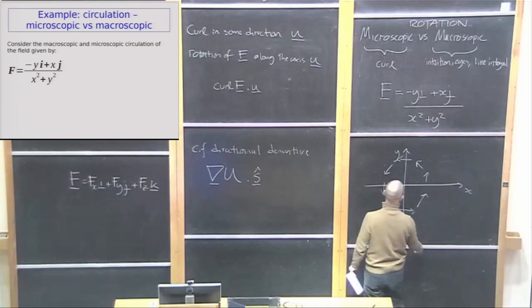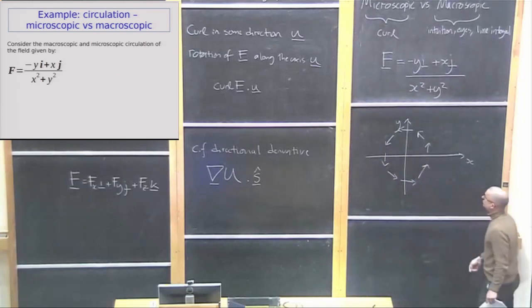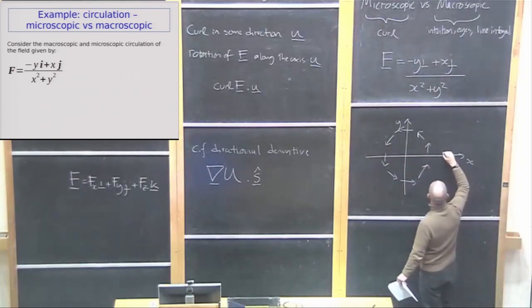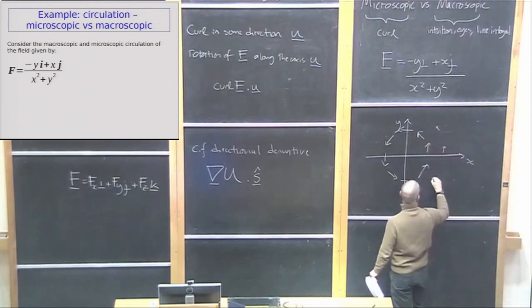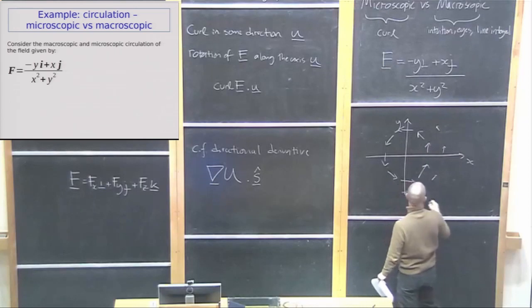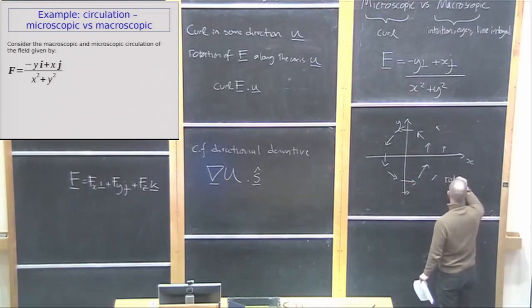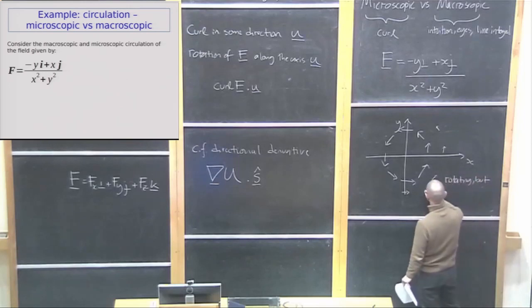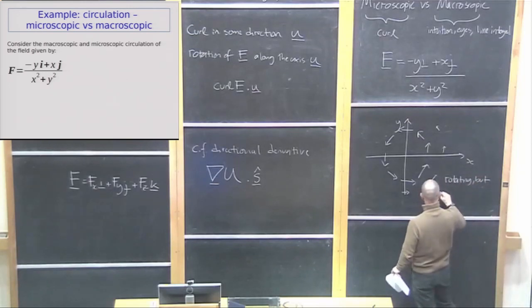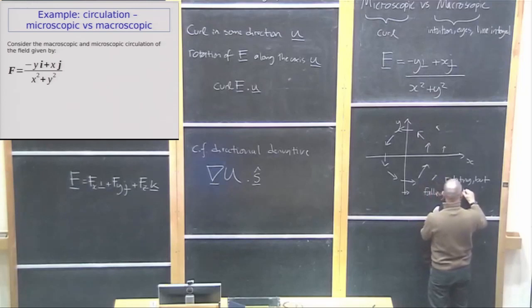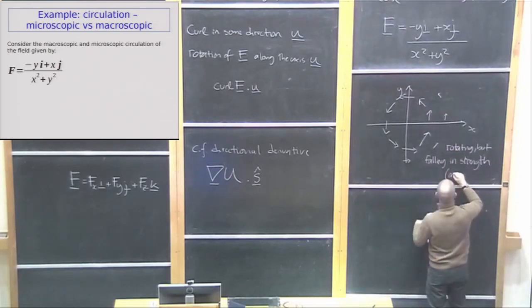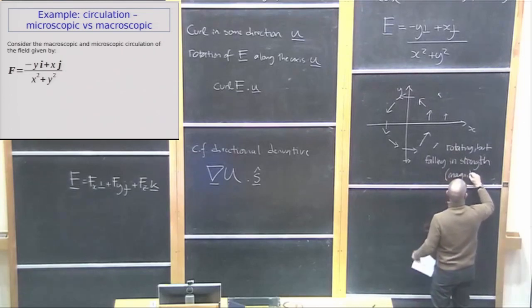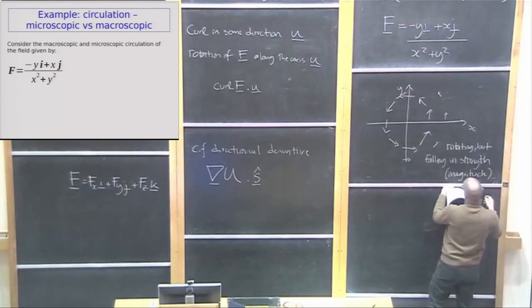Okay, so it's rotating around like this, but when I go larger distances from the origin, then it's falling off in magnitude.